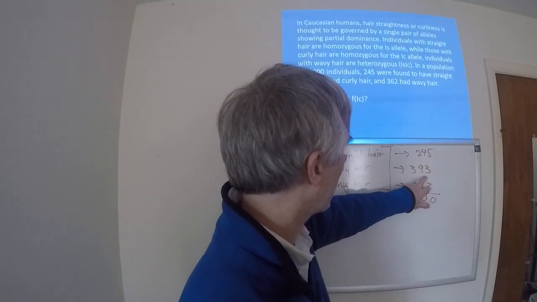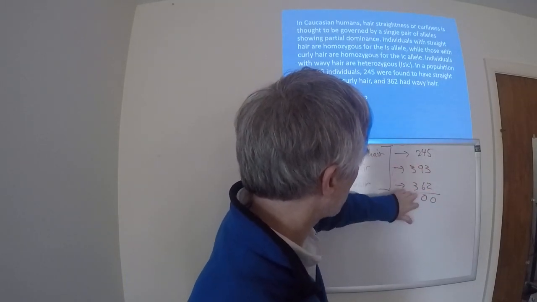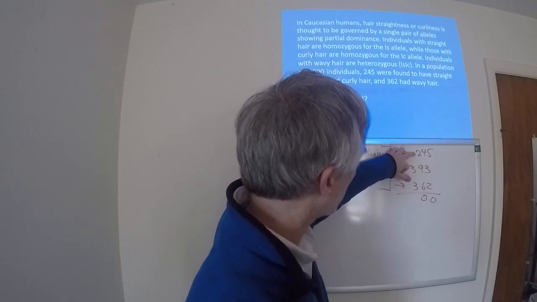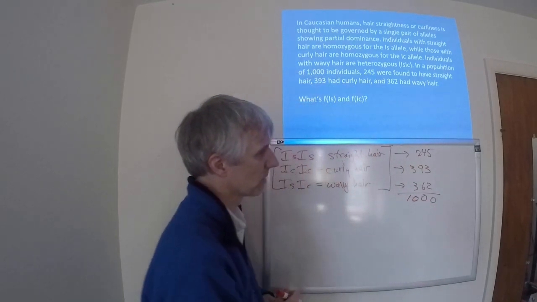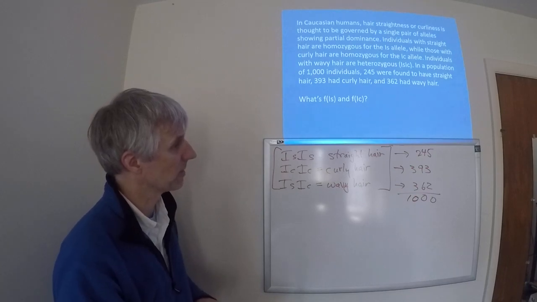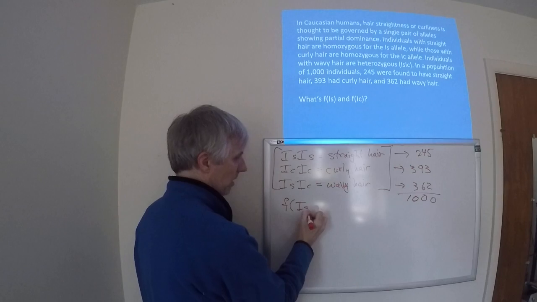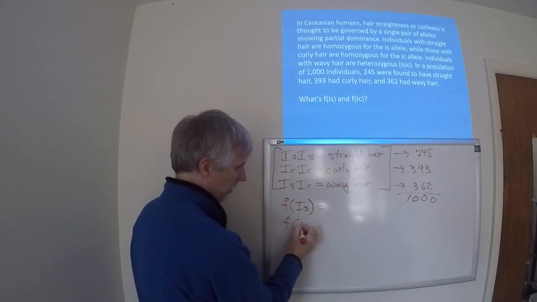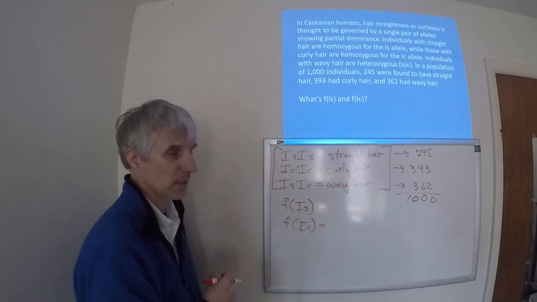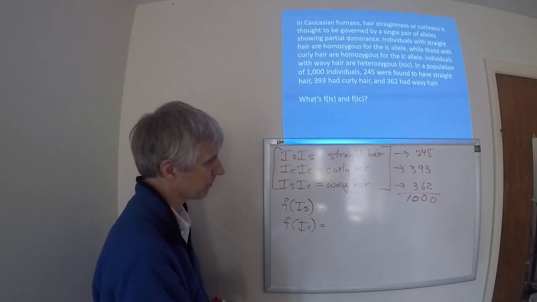Individuals, 245, that's 10, that's 20, 2 on to 8 is 1,000. So that adds up. We have 1,000 individuals. And then the question is, what's the frequency of the IS and the frequency of the IC allele in the population? Okay?